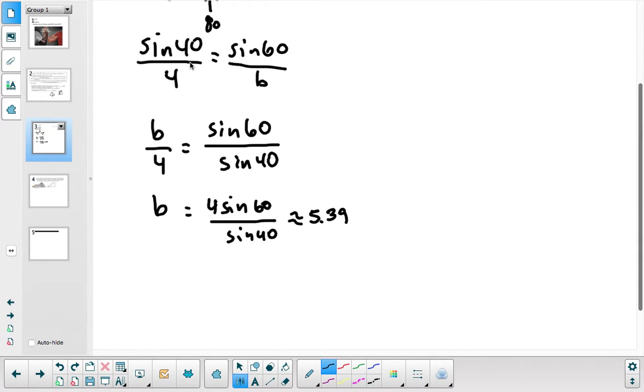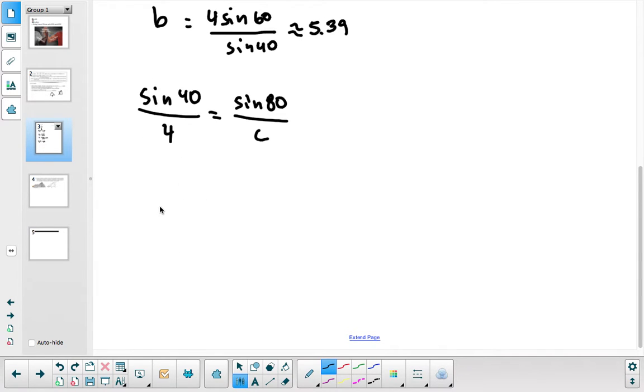But you're going to set it up the same. I try to use the given angles and given sides so that it stays nice, but sometimes you really can't avoid it. So we're going sine of 80, and we're looking for C.